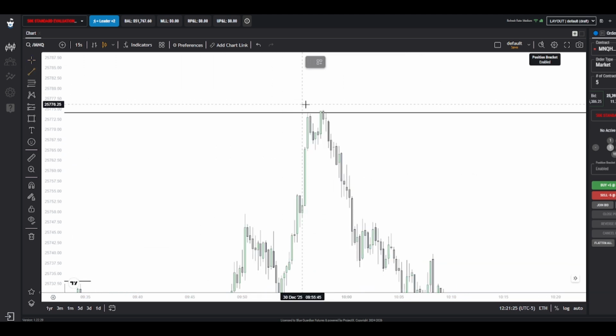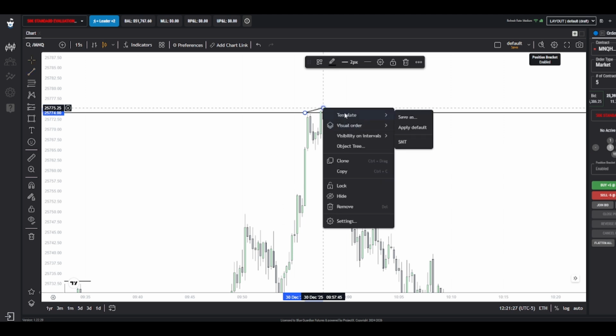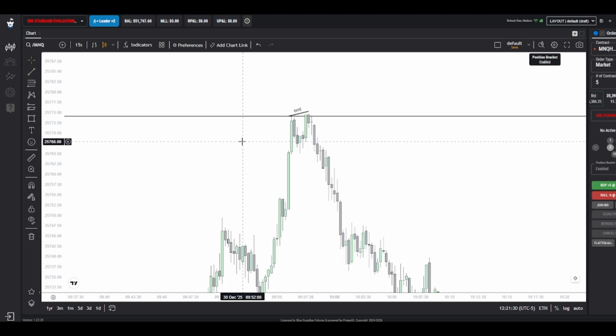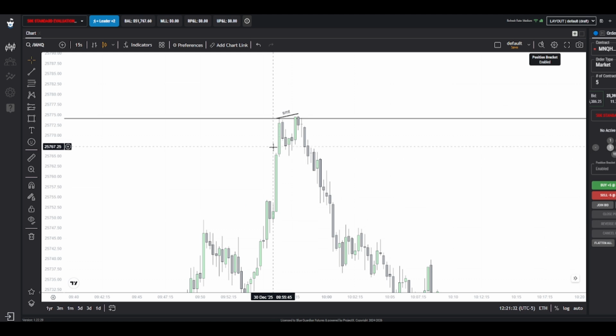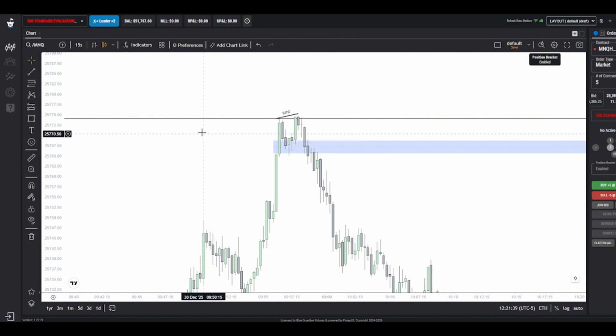We created SMT divergence on the highs, and the perfect, as you can see, change in state of delivery, the market structure shift, when you have the high, intermediate term low, here high, and this also becomes a breaker, inverted fair value gap plus breaker.